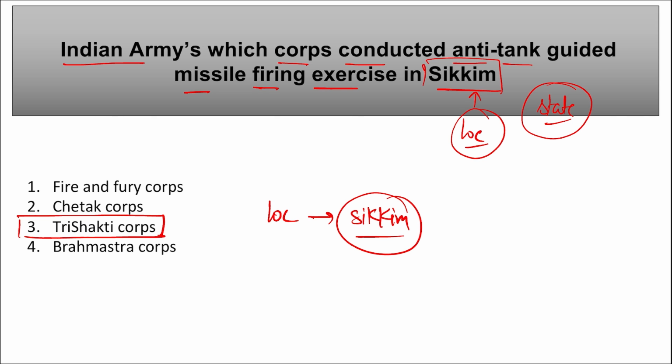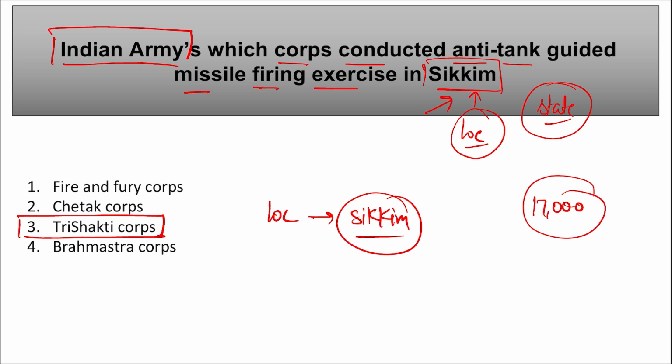The next question that can also be asked is that this Tri-Shakti Corps, this is the corps of which force of India? Is it Indian Air Force, Army or Navy? So it is of the Indian Army, held in Sikkim, and it was the anti-tank guided missile firing exercise held by Tri-Shakti Corps of the Indian Army, right? And in Sikkim too, it was held at an altitude of 7,000 feet.